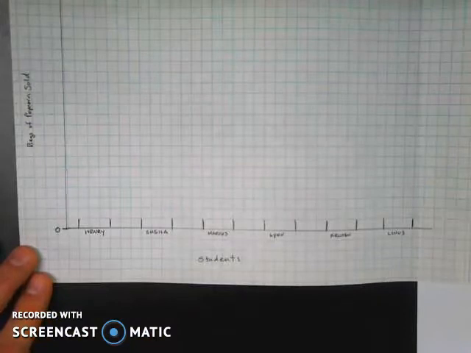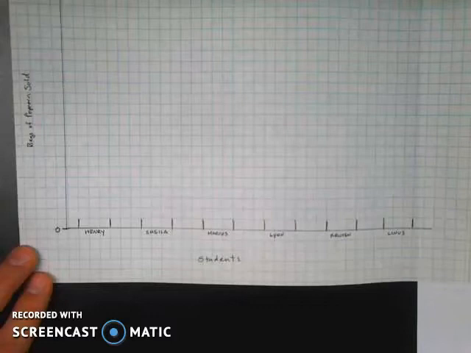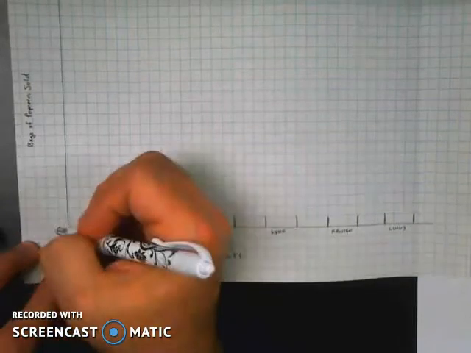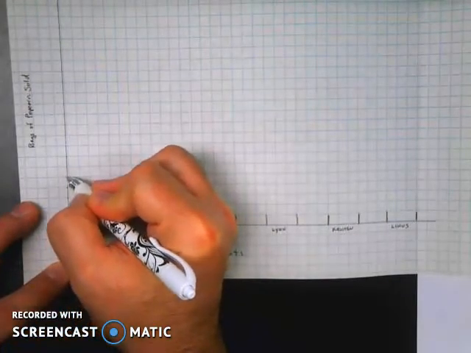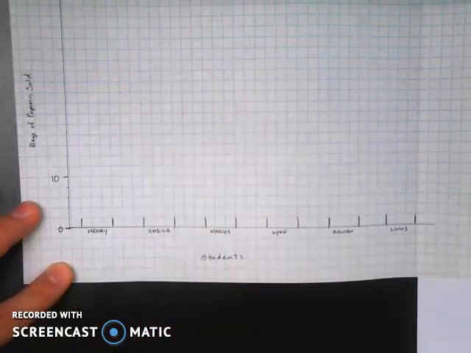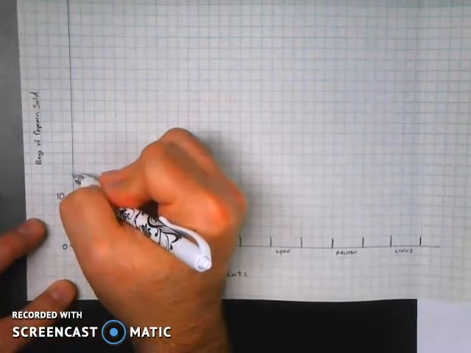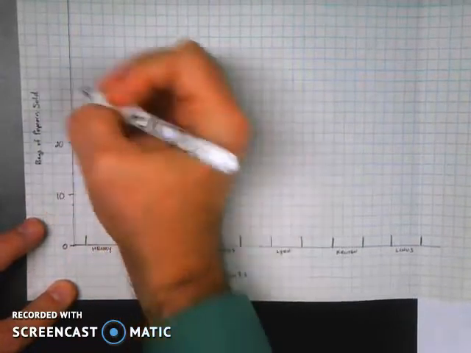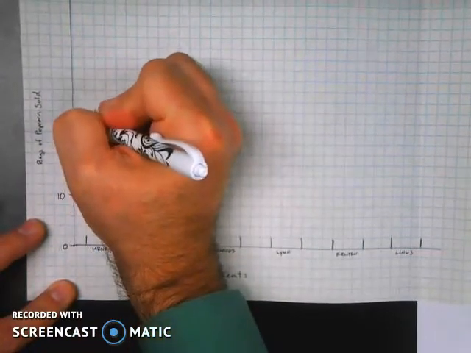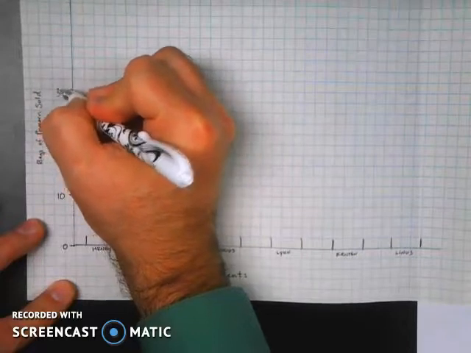So I know that I need to go at least to 35, but if I count by 2s, each block has an interval of 2, that'll get me up to at least 36. So 2, 4, 6, 8, 10, 12, 14, 16, 18, 20, 22, 24, 26, 28, 30.